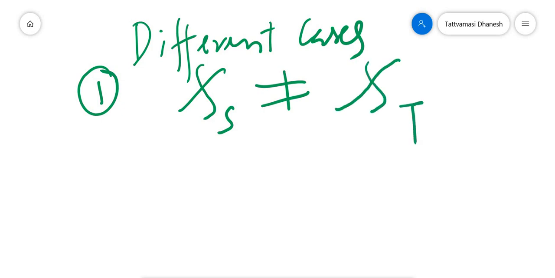The feature spaces of source and target domain are different. This is the first case you can come across. An example in the context of natural language processing is if the documents are written in 2 different languages.